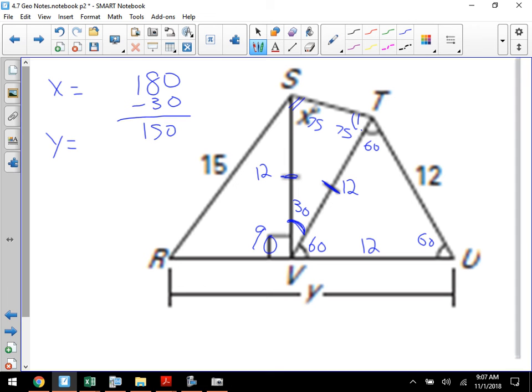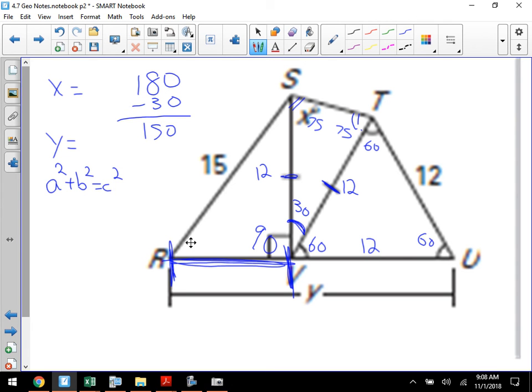Okay. Now, all that's left is figuring out what this is. And again, isn't that one of the side lengths of a right triangle? So what theorem do you use to find a missing side length in a right triangle? Pythagorean theorem.